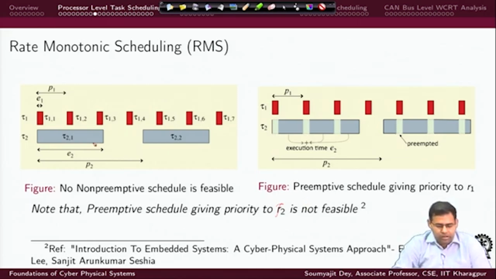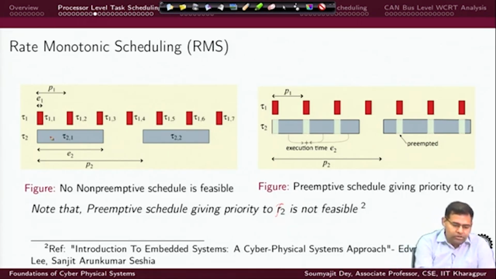Let us say I decide that tau 2 has a higher priority. Then whenever tau 1 comes, it is not going to preempt tau 2, because tau 2 has higher priority. So all these instances will miss their deadlines; this one may not, but these two will definitely miss their deadlines. The schedule is not going to be feasible.